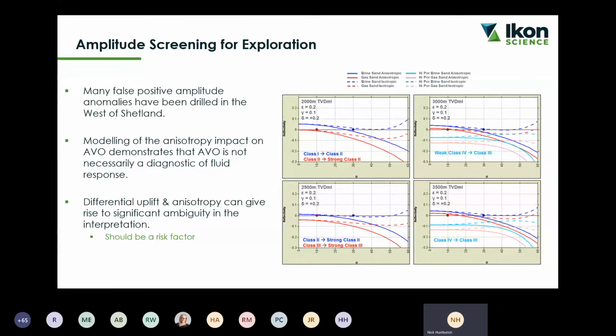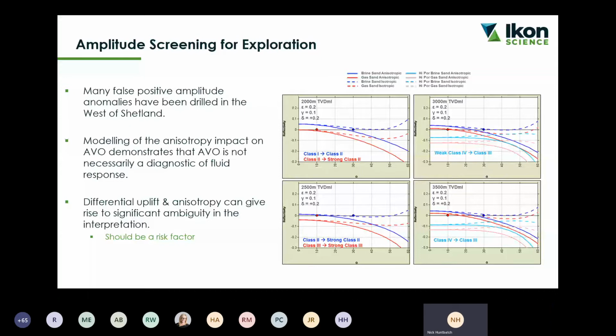So the dashed ones, the shale is isotropic, and the solid ones, the shale is VTI, so it has layering anisotropy in it. And what we can basically see is that when you include that VTI effect in the shale, you end up in pretty much every case blowing up the gradient.